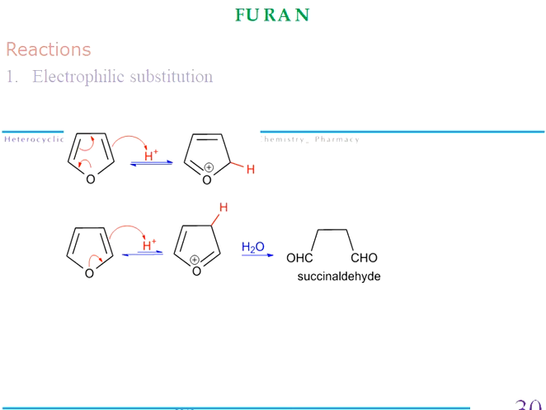In the case of a proton being substituted on carbon 2, in carbon 3 there are two different conditions that arise. And when the C3 substituted intermediate is reacted with water, we get succinaldehyde.